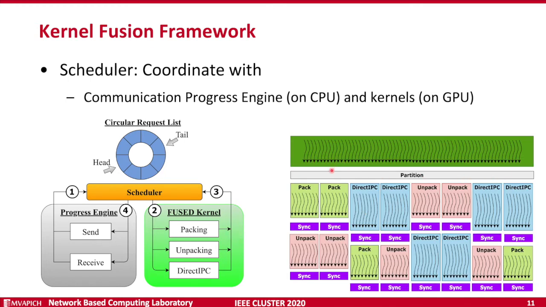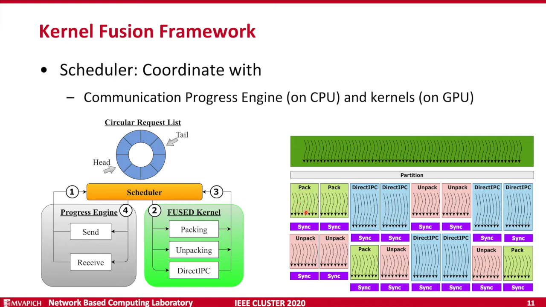On the right, you launch a fused kernel, you have multiple threads, maybe thousands of threads. We first do a partition. So after this partition, a few smaller thread groups perform different operations. For example, some threads perform packing, some perform unpacking or direct IPC, and we don't have to do global-wise or grid-wise synchronization.